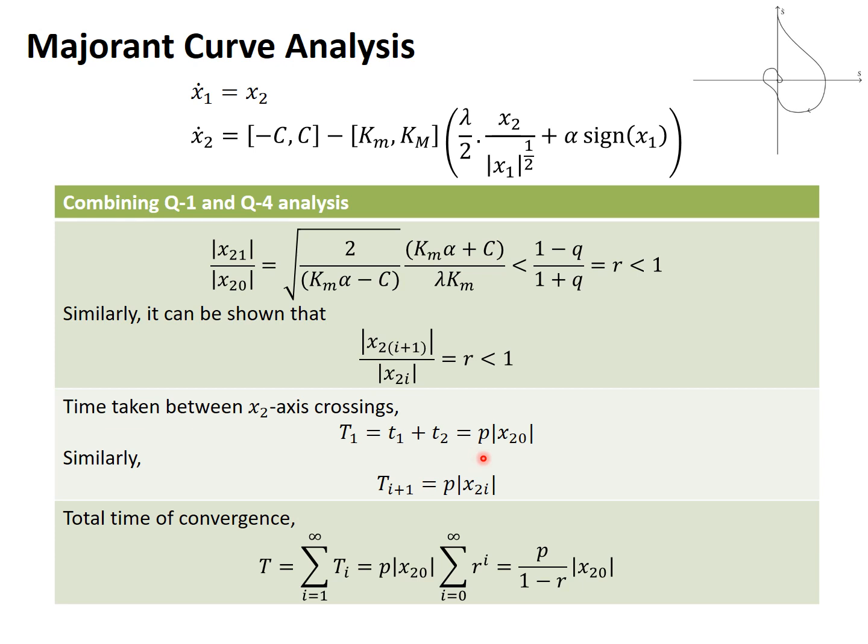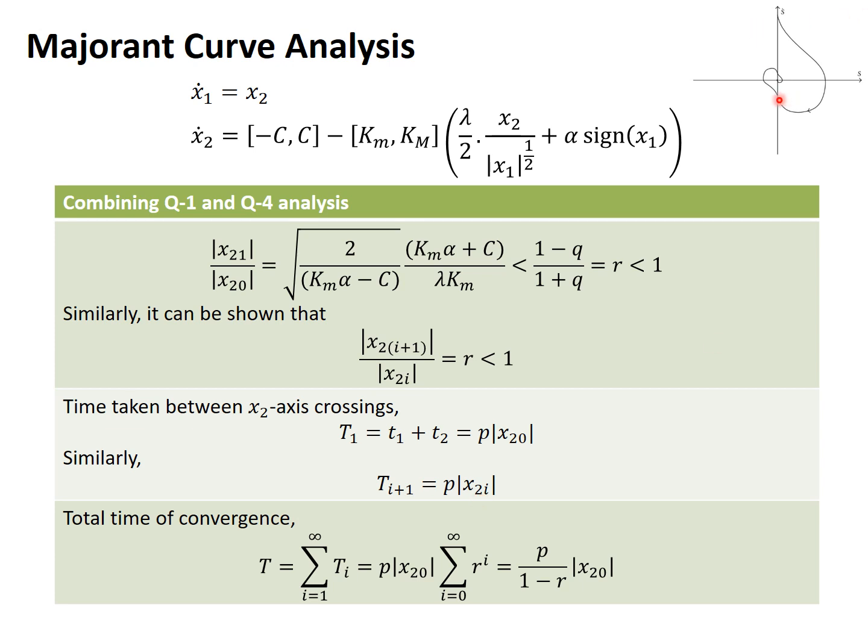So, P is a constant into x20, and from this relationship we can say that similarly, every time interval between two successive x2 crossings is related to the initial position on the x2 axis for that particular time duration. As T1 is P mod x20, T(i+1) will be P mod x2i.